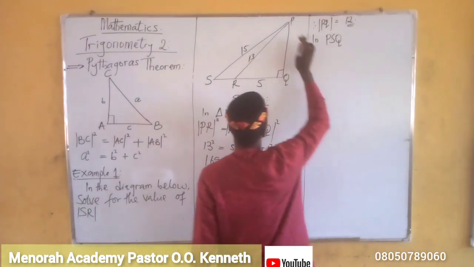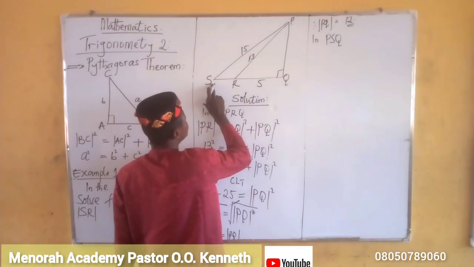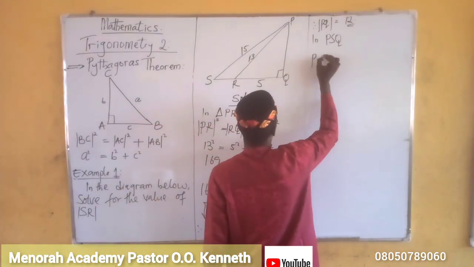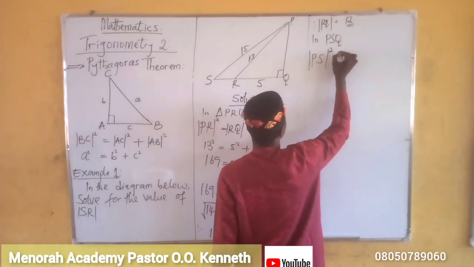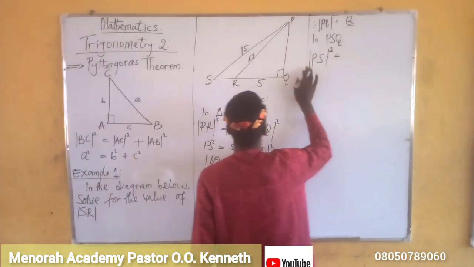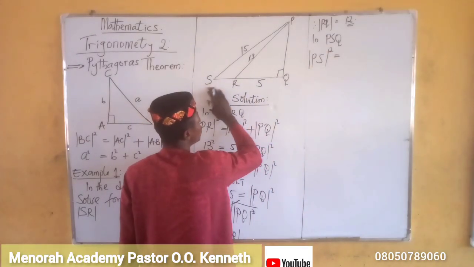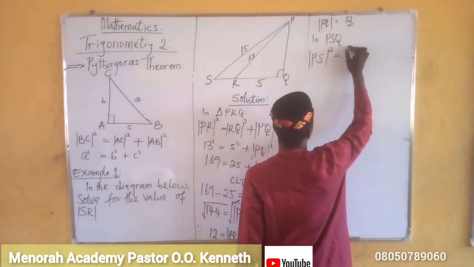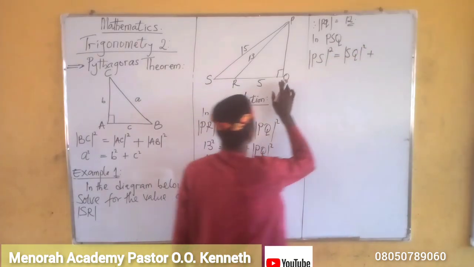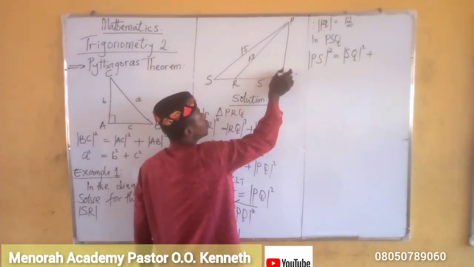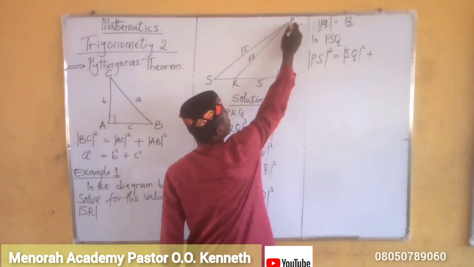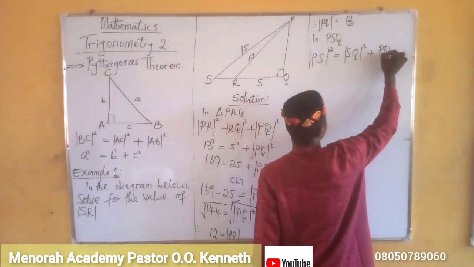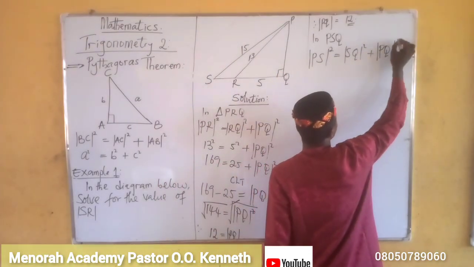Our hypotenuse is here, so we have PS squared equals our adjacent, SQ squared, plus this particular side, our PQ squared.